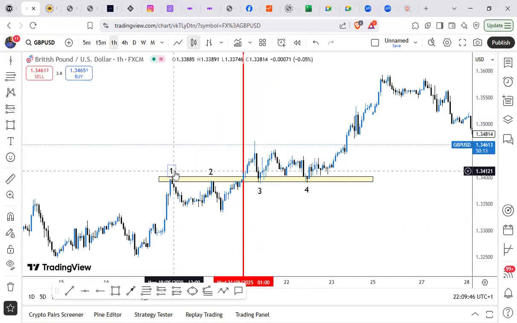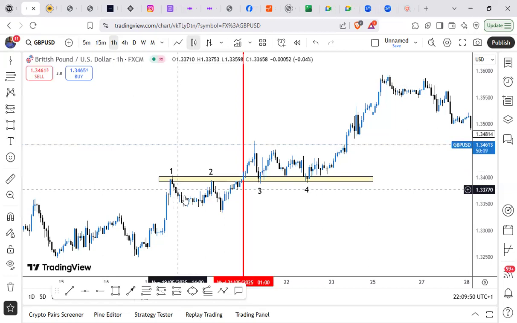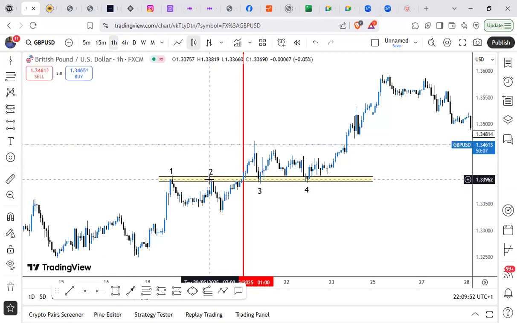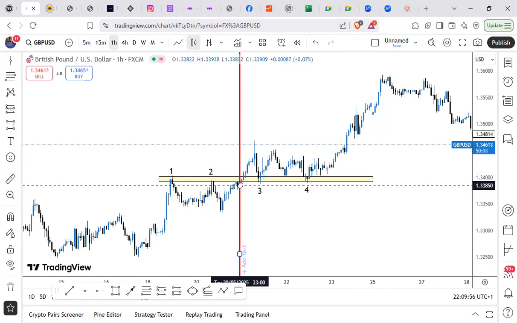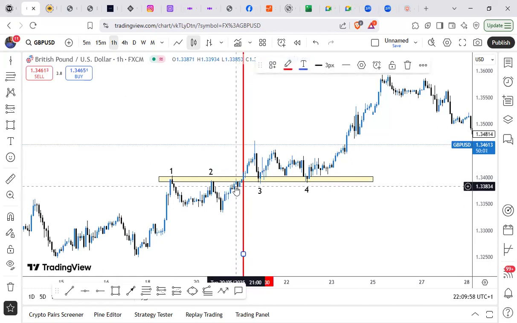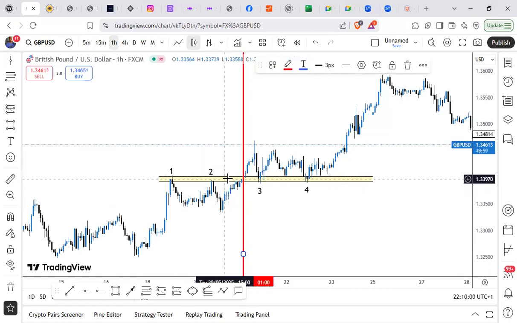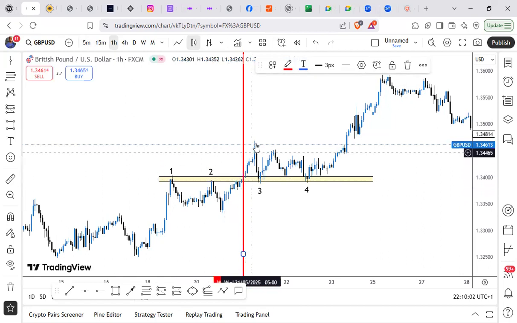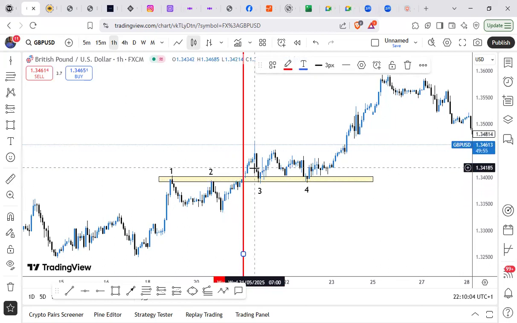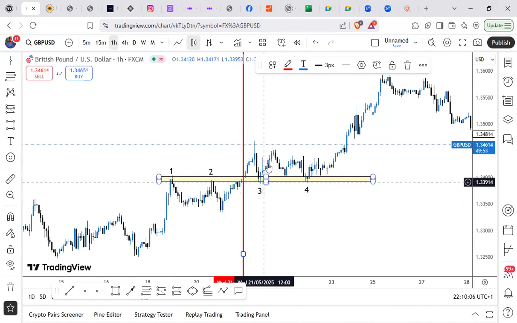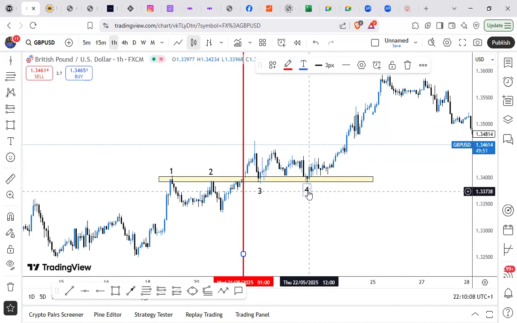Now, number one, it was a resistance. At number two, that zone was also a resistance. At this point here, that was when price broke this resistance. Then it flew up, came down. Number three now acted as support.